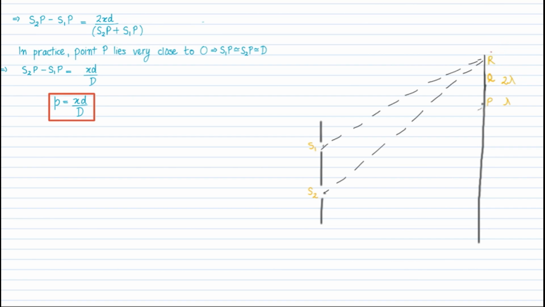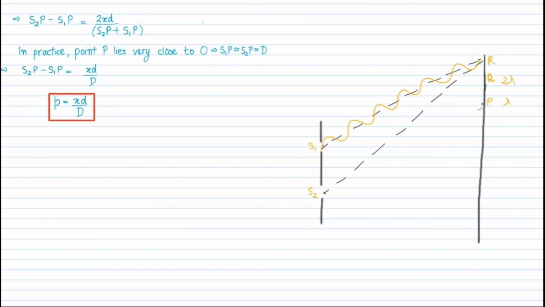Fine. Now let us consider one more point, the last example, a point R. Now the light traveling from point S1, one wavelength, two, three, four, five, six. So from point S1 to point R, the light travels six wavelengths.